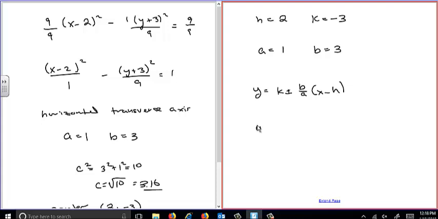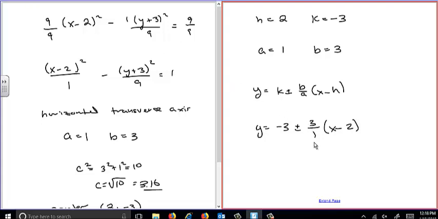Okay, so let's plug in what we know. k is -3 plus or minus b, which is 3, over a, which is 1, times x minus h. h is 2. Make sure I got all that right. k, -3, plus or minus a. Actually, I got those the wrong way around, didn't I? Or did I?